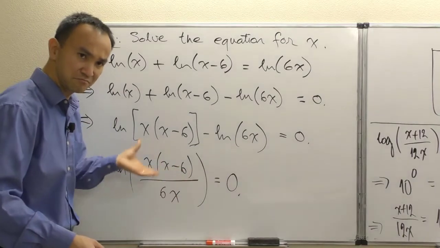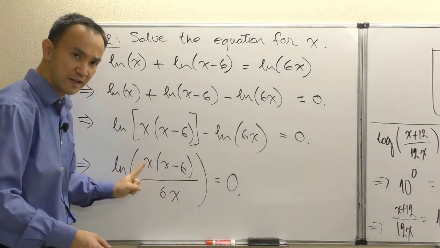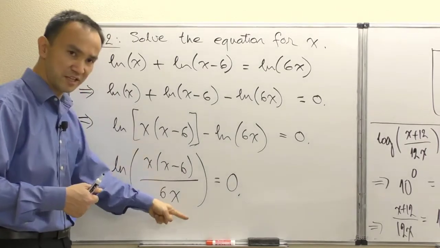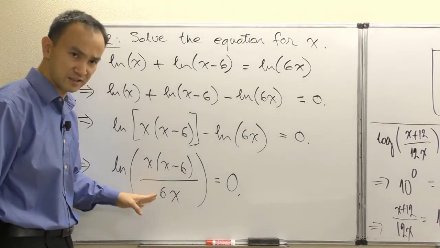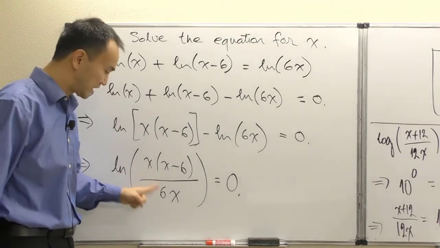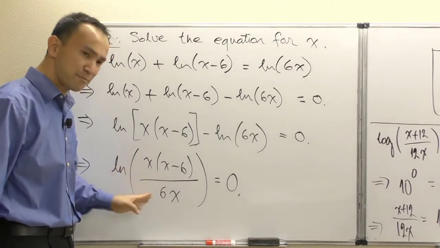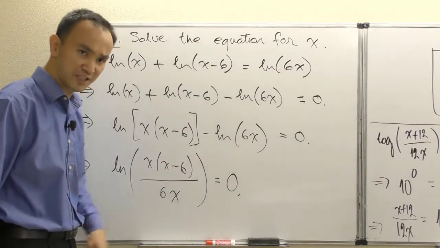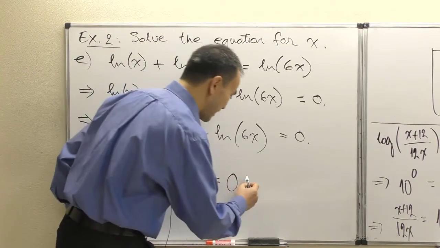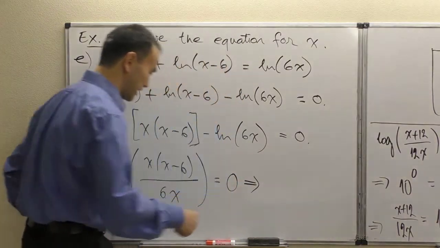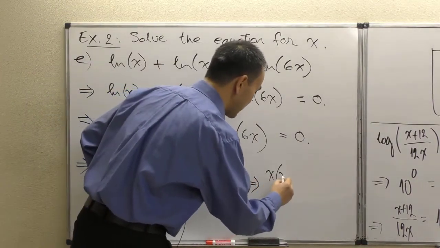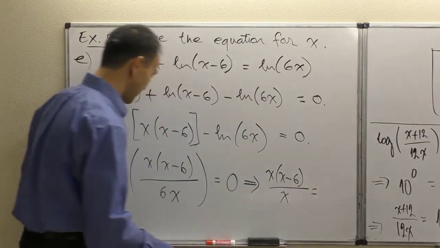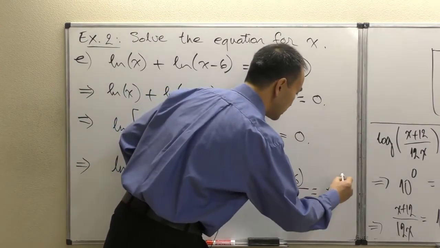The only strange thing I'm doing is that I did not cancel out the x here, even though more naturally anyone doing this would cancel that away. But in this rare circumstance, we're going to keep that. It mostly happens in the world of solving equations that involve logs. So now in my next step, I can turn that into x times x minus 6 divided by 6x equal to e to the 0 power.